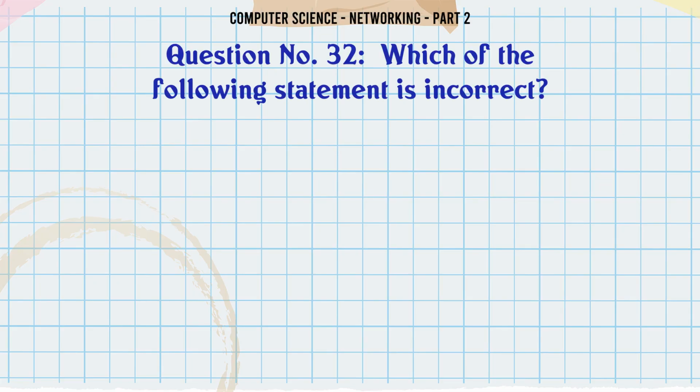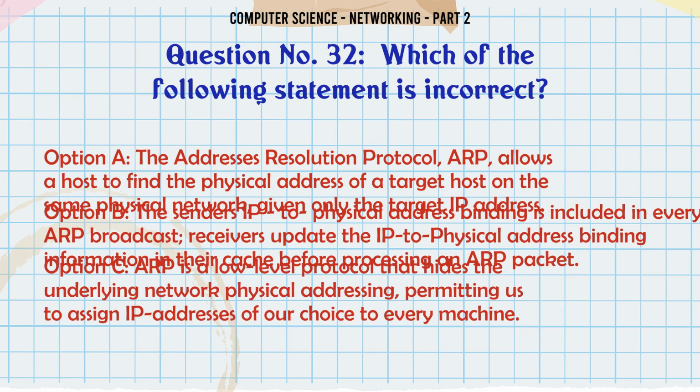Which of the following statements is incorrect? A. The Address Resolution Protocol, ARP, allows a host to find the physical address of a target host on the same physical network given only the target IP address. B. The sender's IP to physical address binding is included in every ARP broadcast.